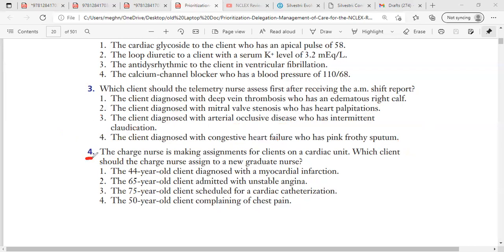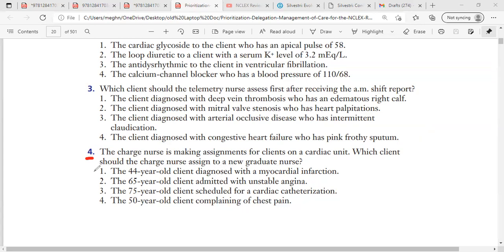Last question here. The charge nurse is making assignments for clients on a cardiac unit. Which client should the charge nurse assign to a new graduate?